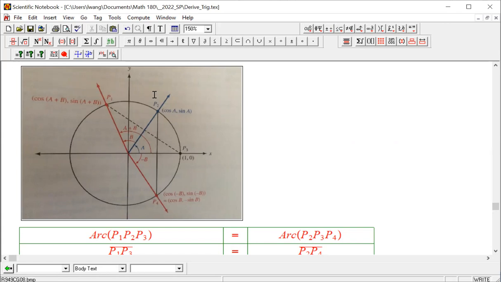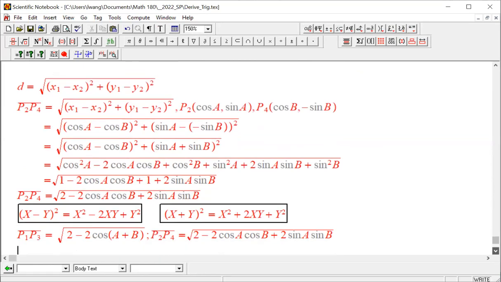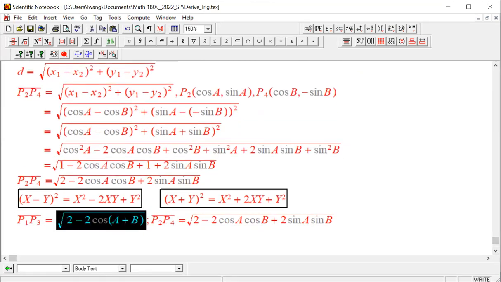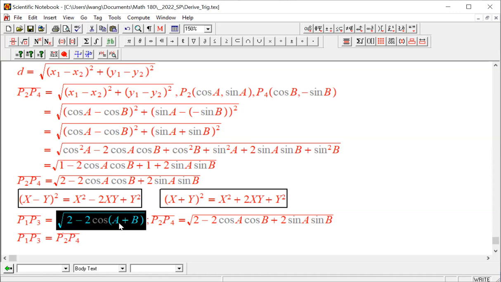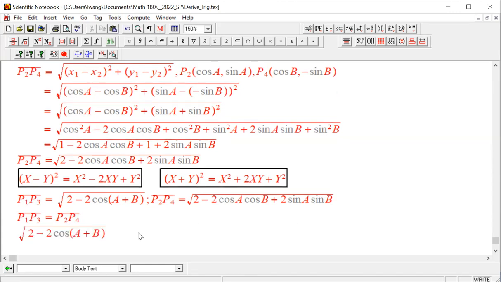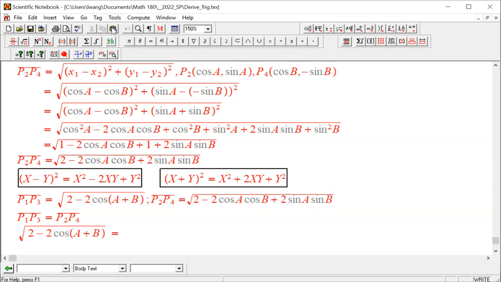So these two secant lines, these straight lines, are the same length. So now if they are the same length, P1 P3 is equal to P2 P4. And that leads to the next relationship, which is that guy equals this guy.